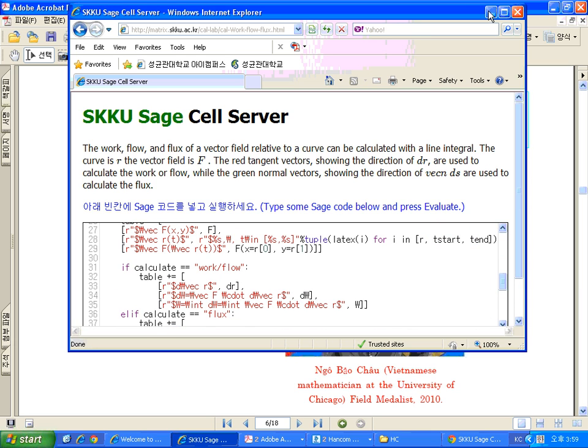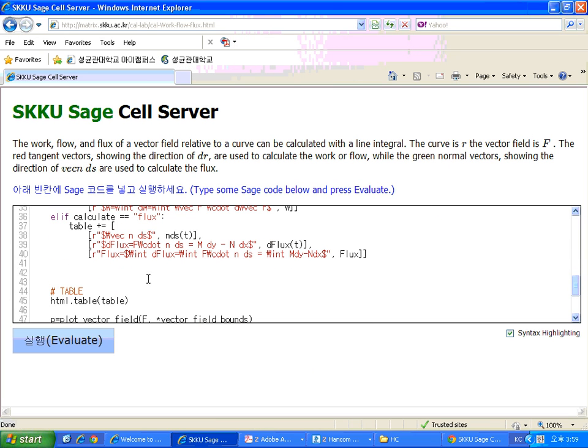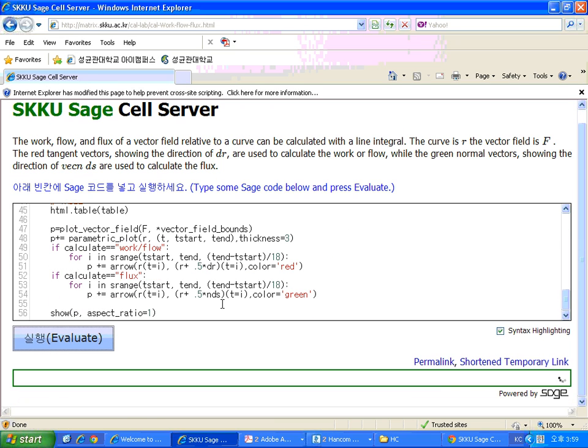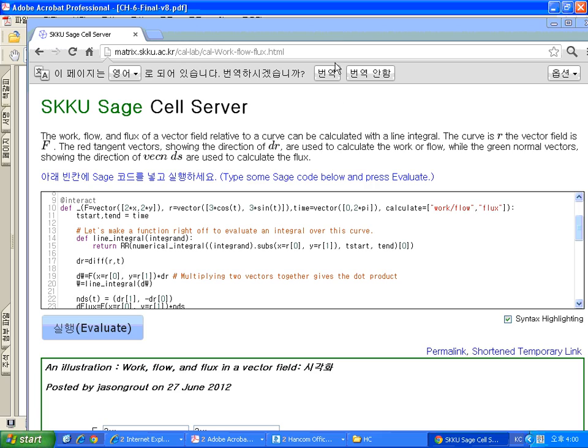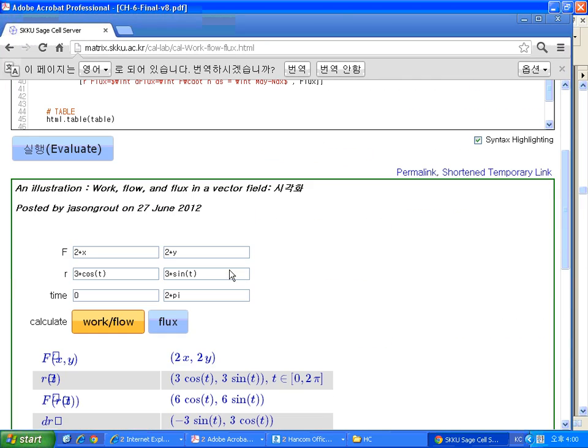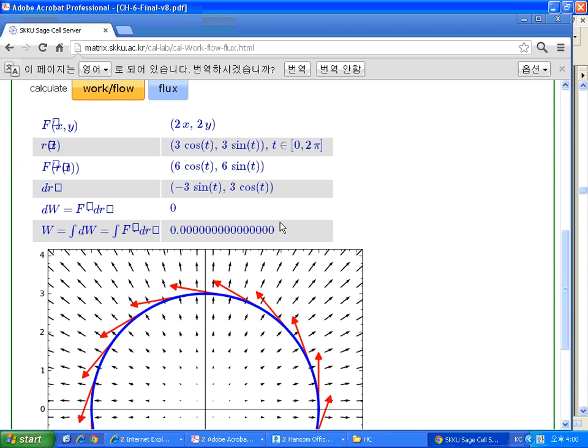And here, this shows you, this single cell shows you the work, flow and flux in a vector field. So we have covered the work in R2.